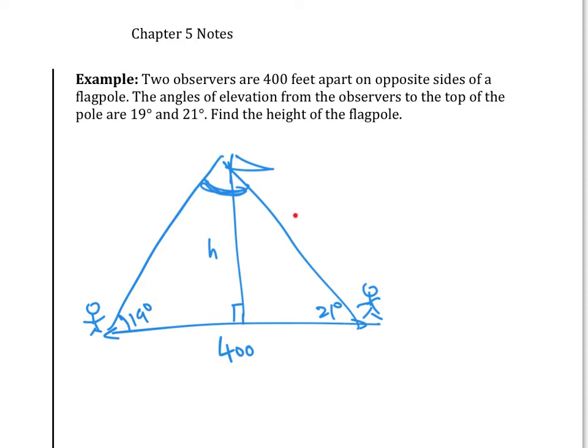And then that tells you you can probably solve this side, you can solve this side, and then you're going to figure out how to find h. Okay, so go ahead and pause the video and give this a try. Come back and check your answer. Okay, so h is about 72.6.